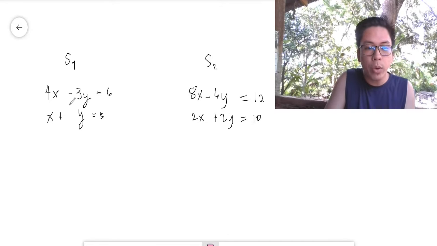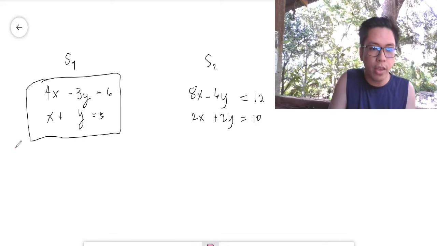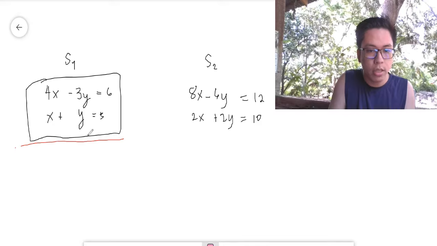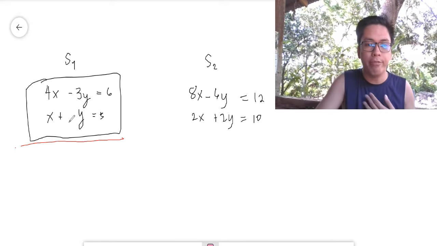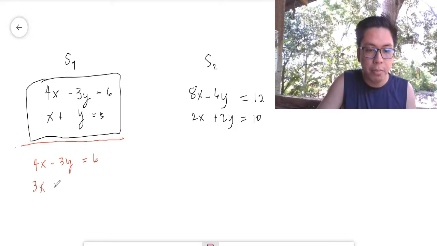Now, if you're going to solve for the solution set here, I'm going to use another color to distinguish. So I'm going to multiply this by 3, so I would have 4x minus 3y equals 6, and I get 3x plus 3y equals 15.